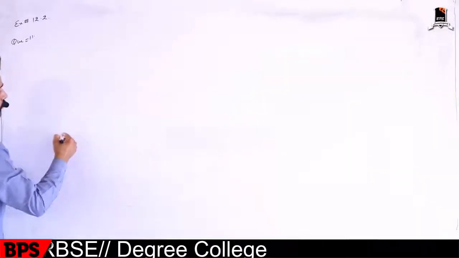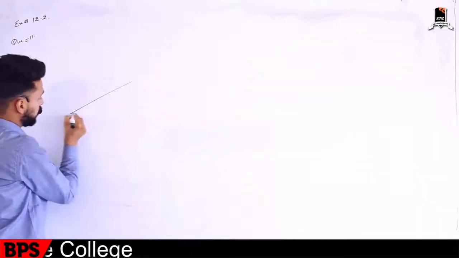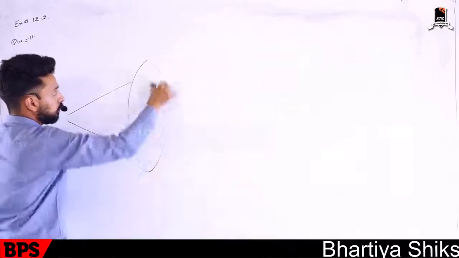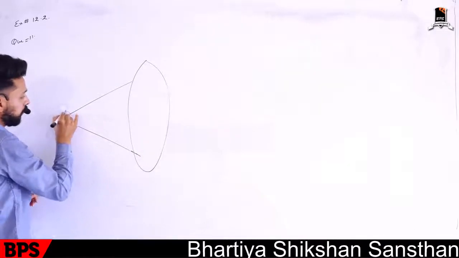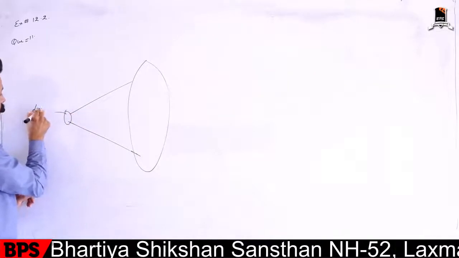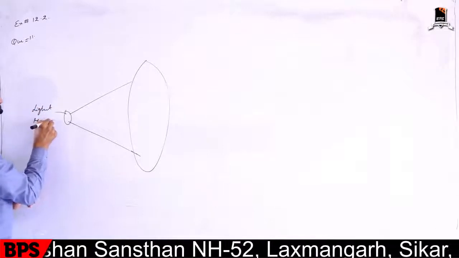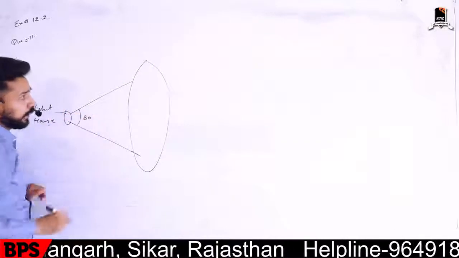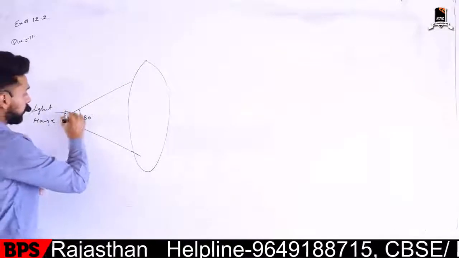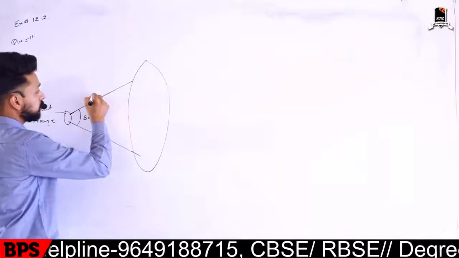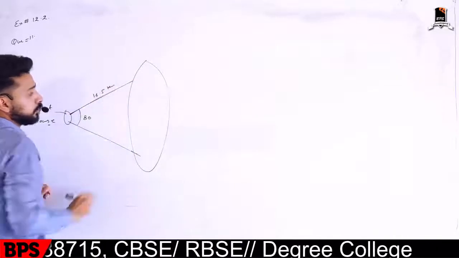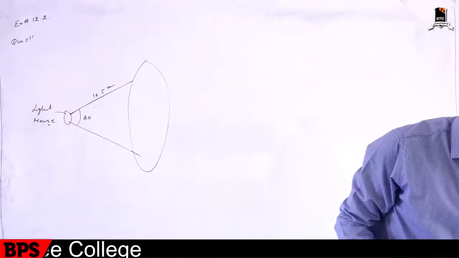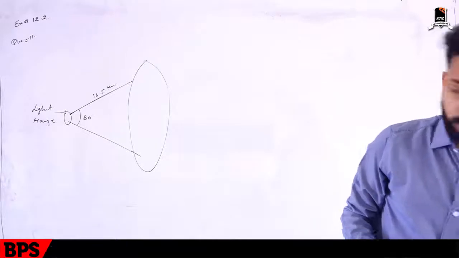Find the area of the sea over which the ships are warned. That is the underwater rocks, and that is the warned ship and the lighthouse. The angle subtended at the lighthouse is 80 degrees, and the distance from the lighthouse is 16.5 kilometer.